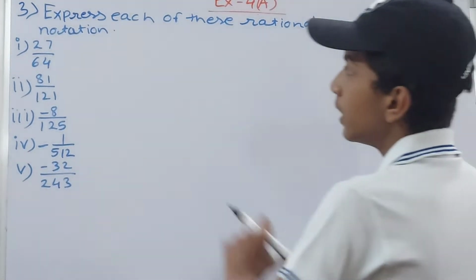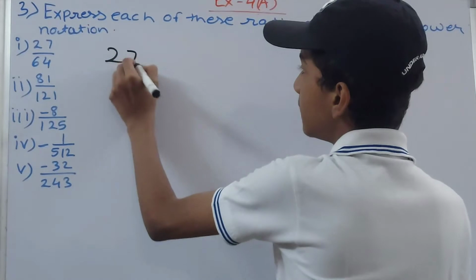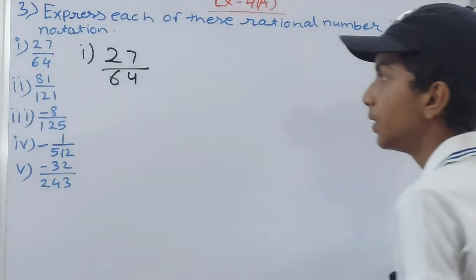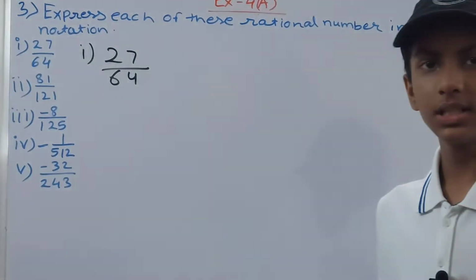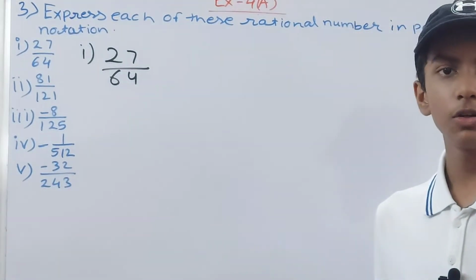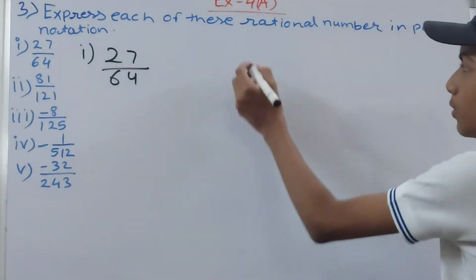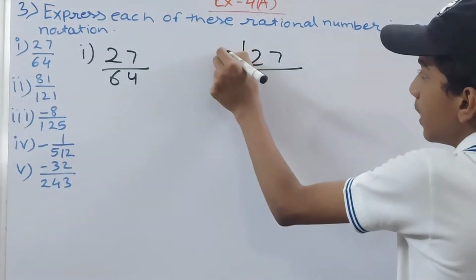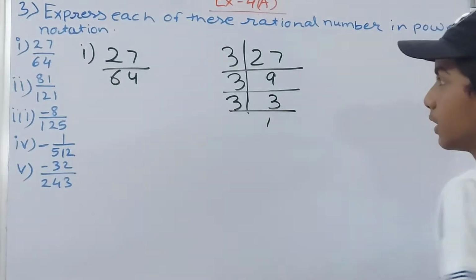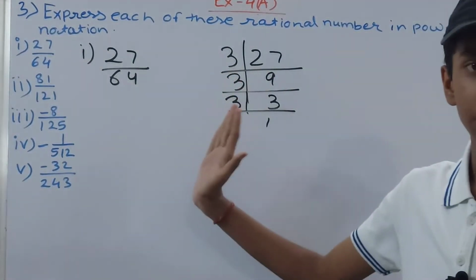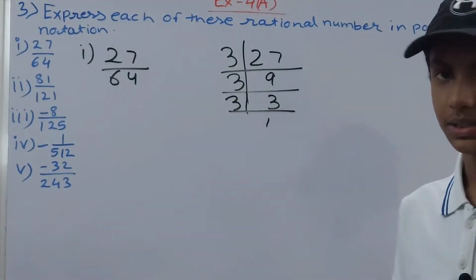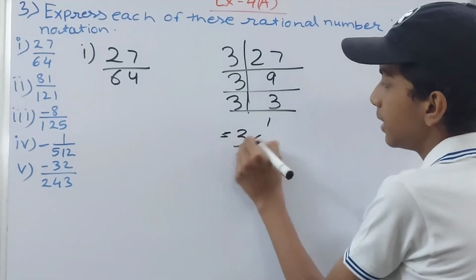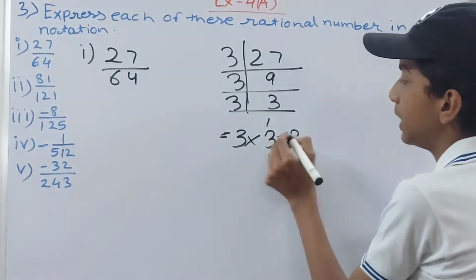So first of all, in the first part we have 27 upon 64. This is our first part. So we will be prime factorizing the numerator and the denominator separately. First of all 27: divide by 3, then 3 times 3 gives us 27, so we can write this as 3 into 3 into 3.